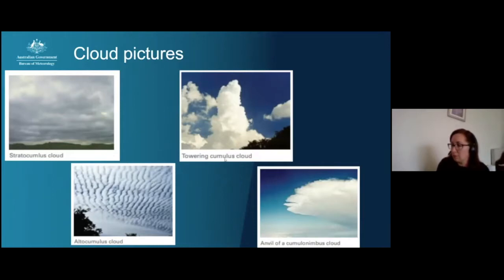That's basically a cumulus cloud that's growing and possibly could become a thunderstorm cloud. And the last one here is an example of a cumulonimbus cloud. The thunderstorm cloud goes up through the atmosphere, and when it reaches the top of the atmosphere, it hits a lid and spreads out, and it produces this fill of ice crystals there.